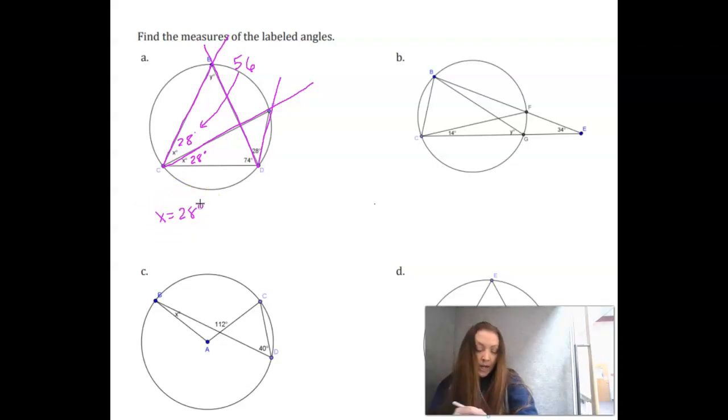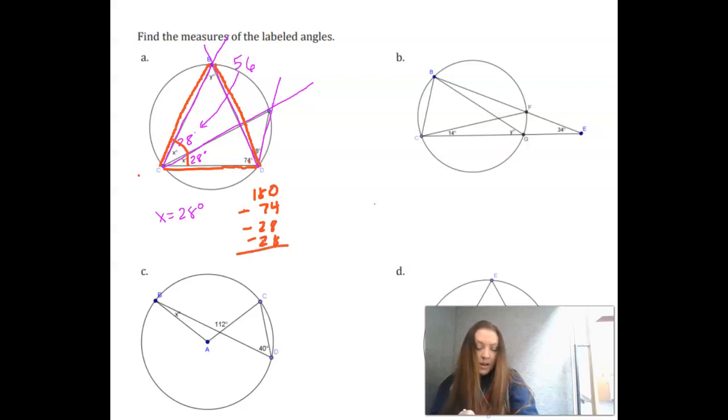So now we need to find y, and let's go ahead and see if I can get a color. I've got this triangle. So we know triangles add up to 180. So we're going to take off that 74 from the bottom. And then both of these are together.